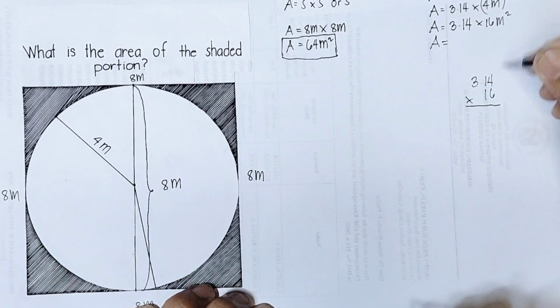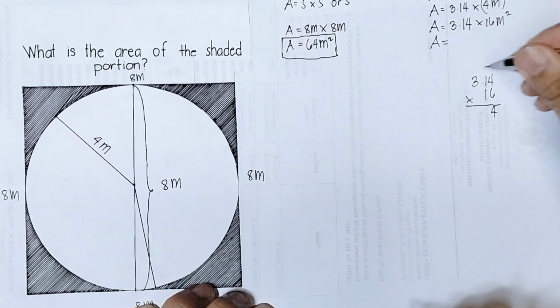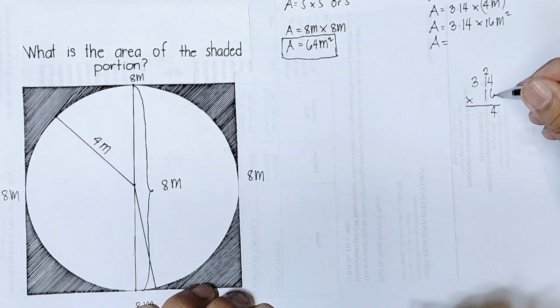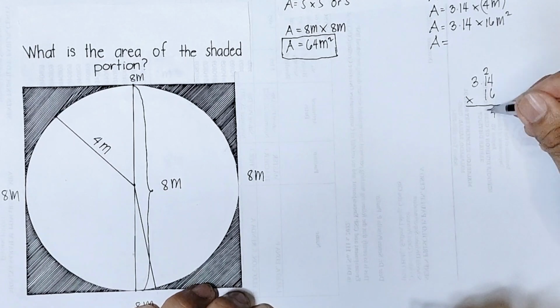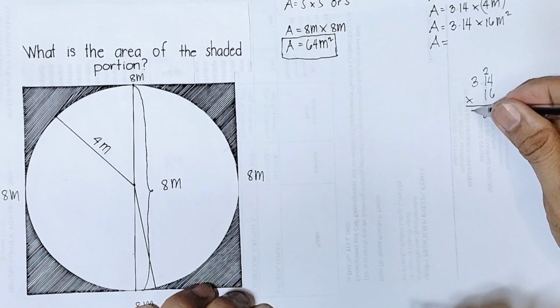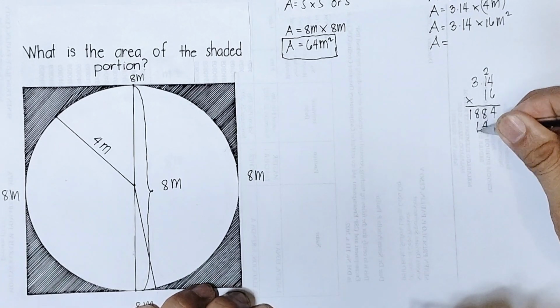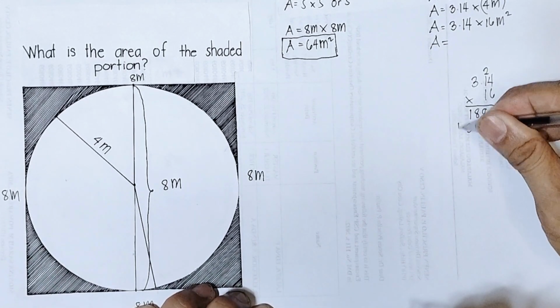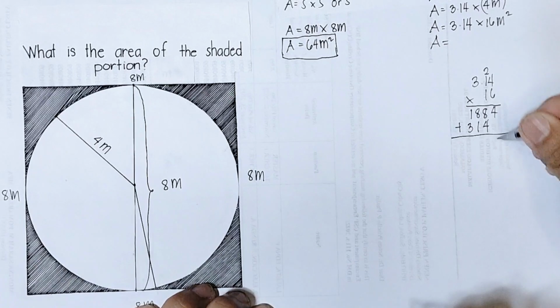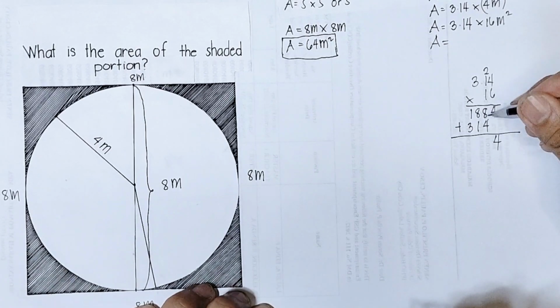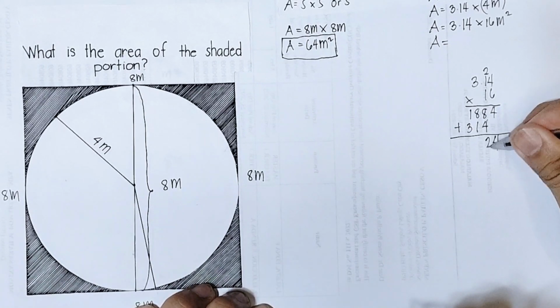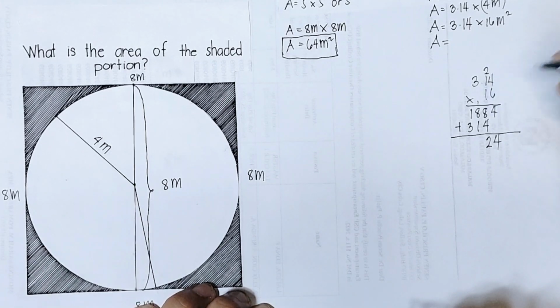Alright, here. So we multiply 6 times 4, that is 24. We put 4 there and carry 2. 6 times 1 is 6 plus 2 is 8. 6 times 3 is 18. So we multiply 1 times 4 is 4, 1 times 1 is 1, 1 times 3 is 3. And we're gonna add them. So we put 4 here. We bring down 8. 8 plus 4 is 12. We put 2 here and carry 1 above 8.